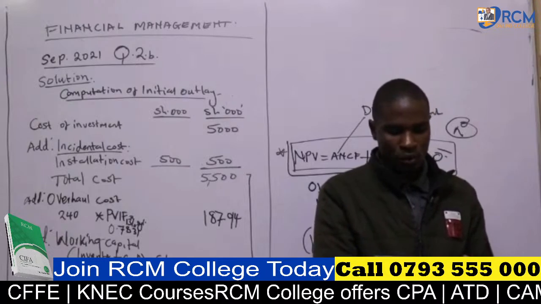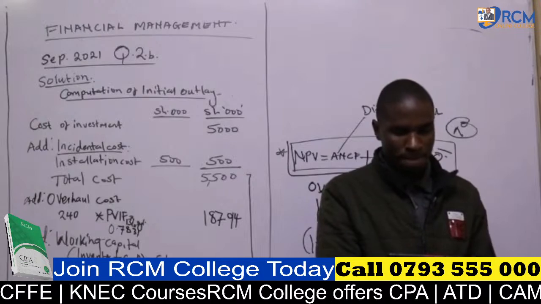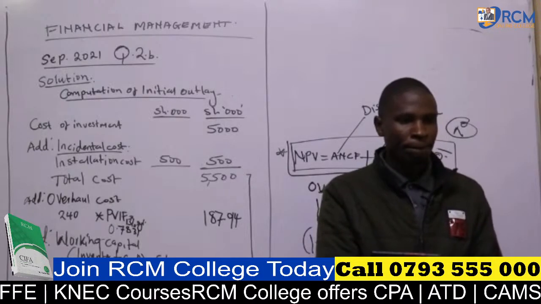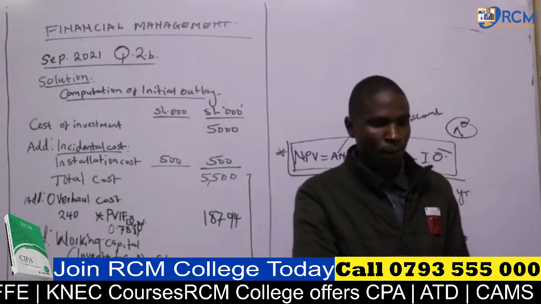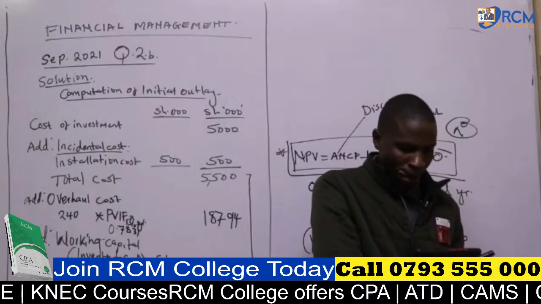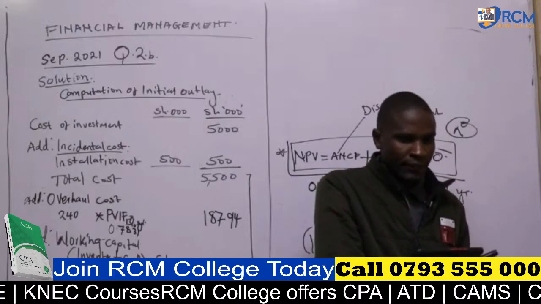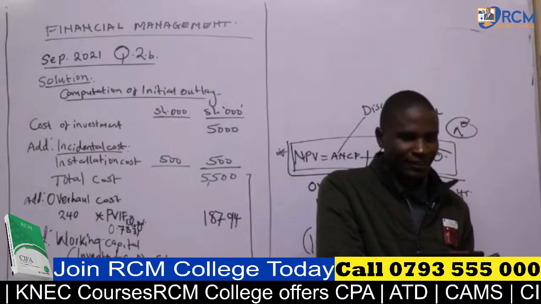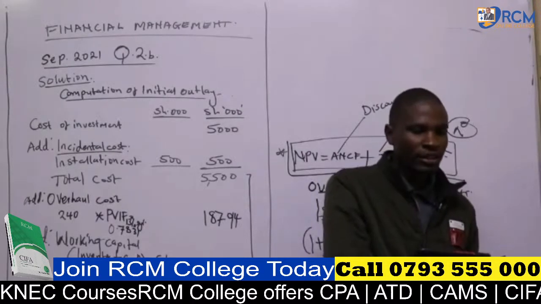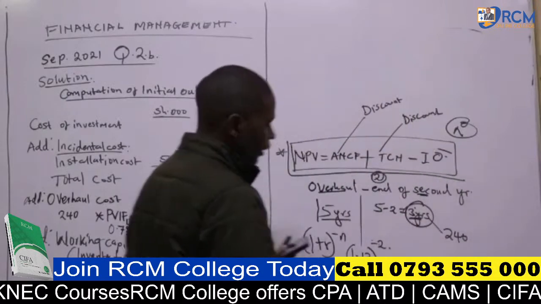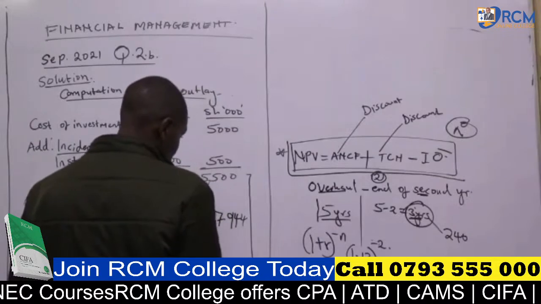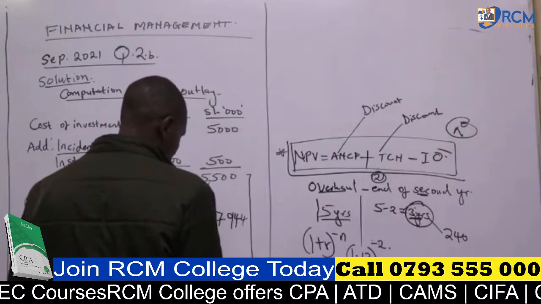Itakuwa ngapi? 6687.94. Okay, 944. Okay, because of the decimal, 3 decimal points is okay.